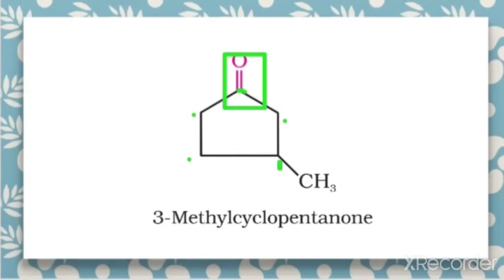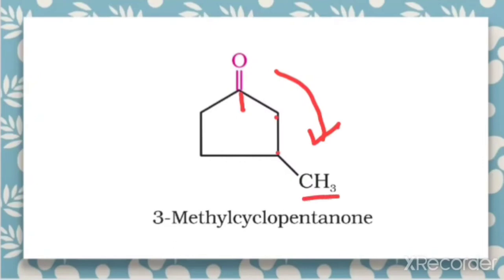So in that case, it's not a difficult one, just count the number of carbon atoms in the main chain. The carbon atom of the functional group is the first carbon. Now we can count in two ways, either clockwise or anti-clockwise. Counting clockwise, this was the first carbon, this one is second, and this is third.